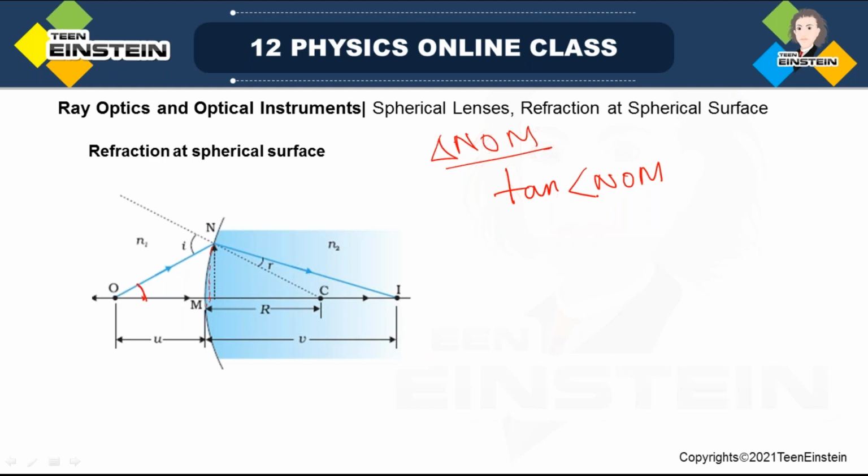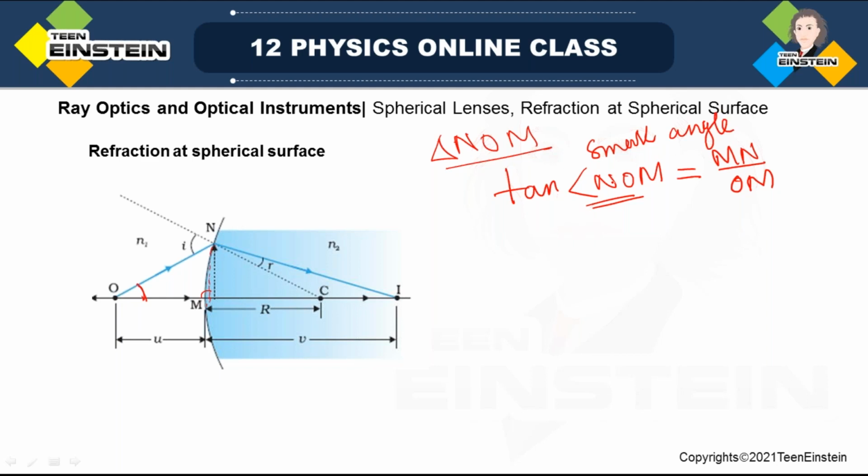Suppose this angle is very small. Since it is a right angle triangle, we can write it in terms of the ratio of the sides, so MN over OM. Now we are taking this NOM angle to be very small, so we can use the small angle approximation.